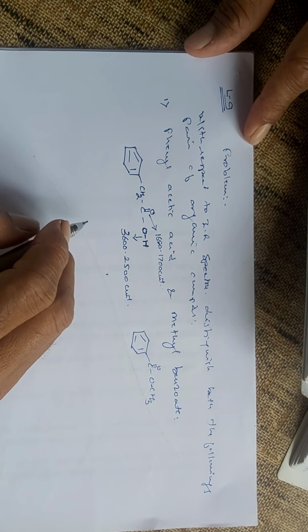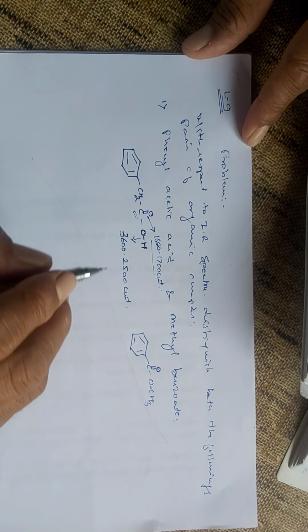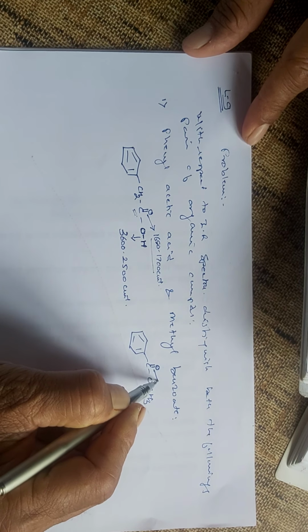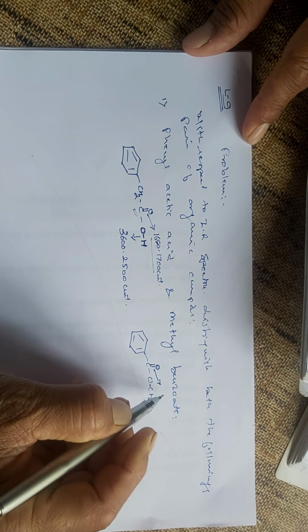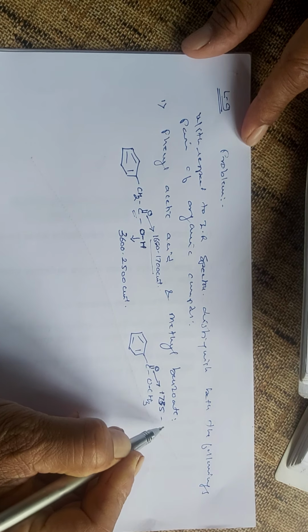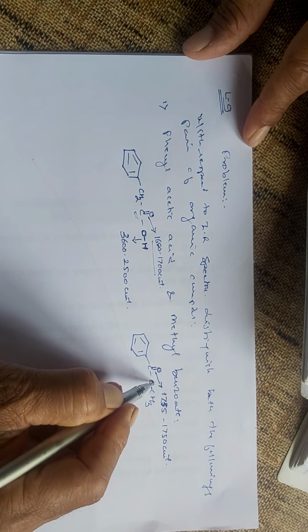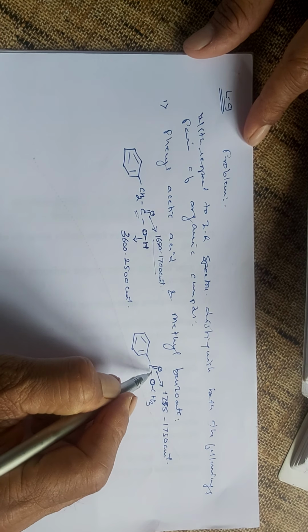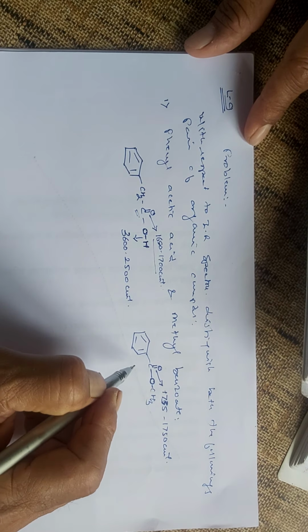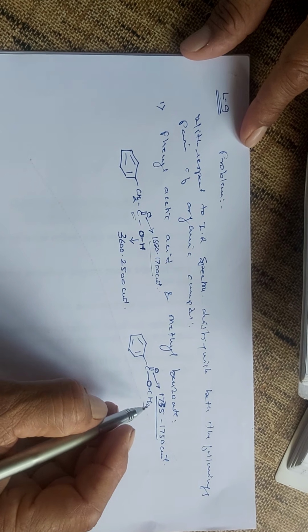Here the carbonyl group is there, but this shows absorption at a very lower frequency because it is present in a dimeric form. But in ester, this shows the IR absorption at a very high frequency, that is 1735 to 1750 reciprocal centimeter, because here there is an electron withdrawing effect of this oxygen which exerts a minus I effect, and so due to this, the stretching frequency shifts towards a higher frequency than the carbonyl group of the carboxylic acid.